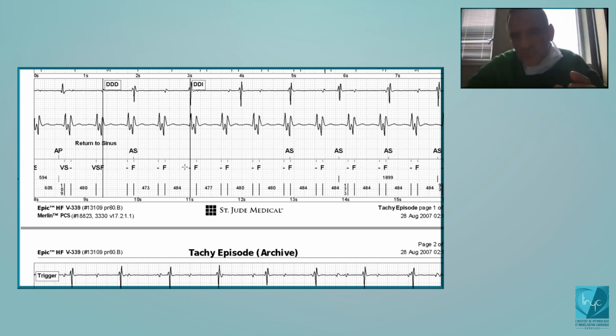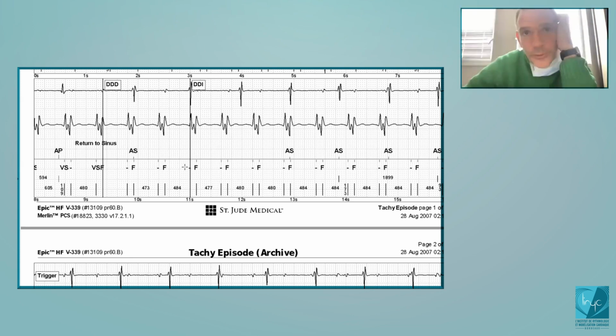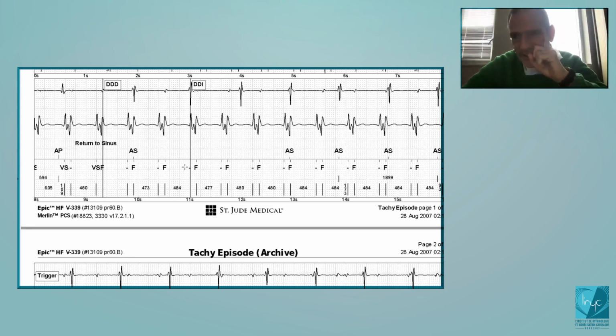The problem of double counting of the R wave was very frequent in the old platforms in Biotronik because the blanking was very short. But what you need to understand is that not only in Abbott could you have a problem of oversensing, but this was the manufacturer with the higher risk of inappropriate therapy in these cases. If there is double counting of the R wave in Medtronic devices, most of the time you will not receive inappropriate therapy.